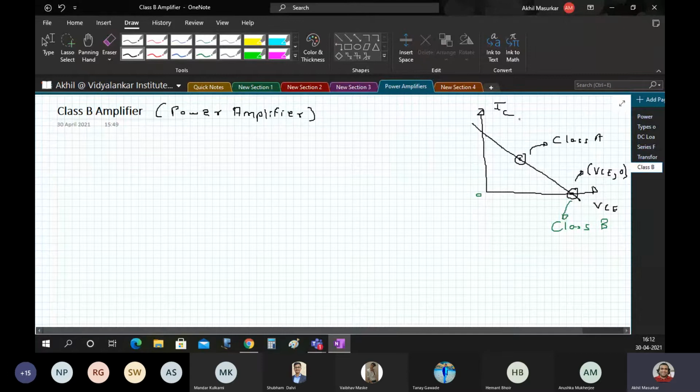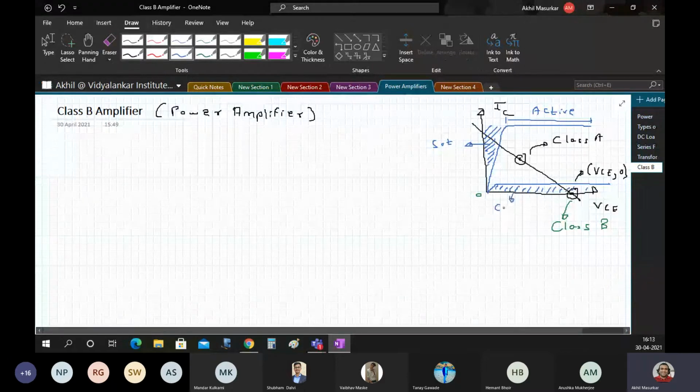This region is generally called the cutoff region, as I said. If we see the transistor characteristics, generally we operate the transistor here. This region is basically saturation, then this region is active, and here we have cutoff.